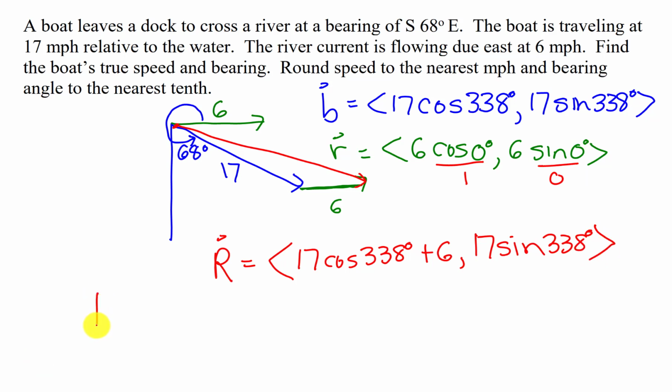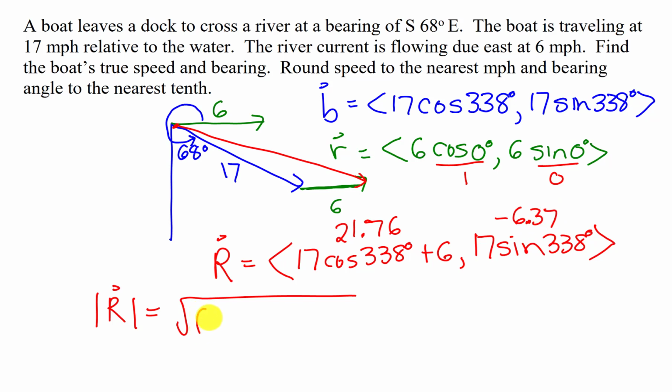Okay, so to find the speed of the boat, that's going to be the magnitude of the resultant vector. So it's going to be the square root of, let's go ahead and put these in a calculator. So we got 17 cosine 338 plus the 6, and we're going to carry it to a couple places. So this is about 21.76, and then we've got 17 sine of 338, and that is approximately negative 6.37.